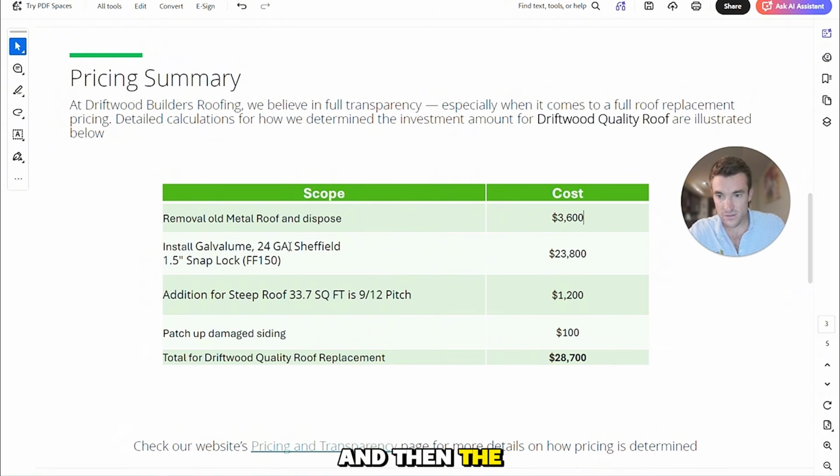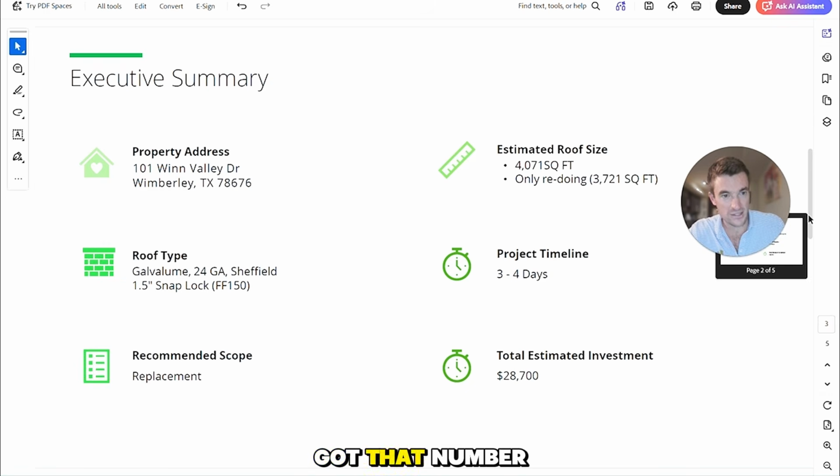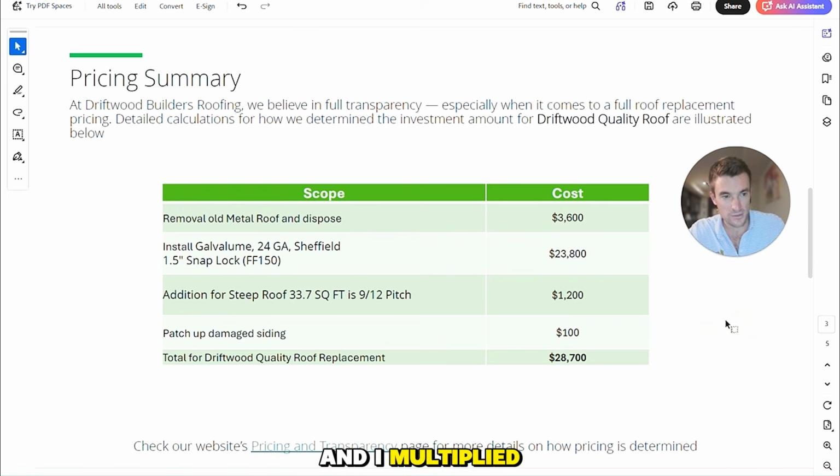And then the second item we have is the new metal roof. How I got that number was I took the total size of the roof that we are replacing and multiplied it by 10% to account for the waste factor. And then I multiplied it by our metal pricing, which gets me to a total price of $23,800.